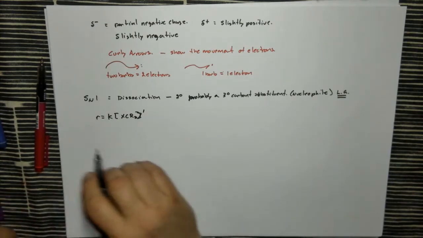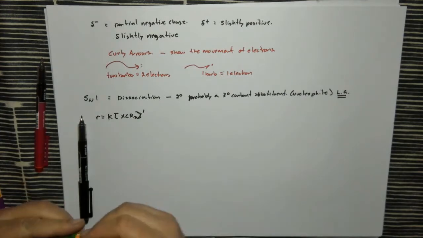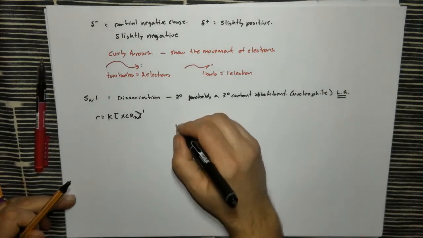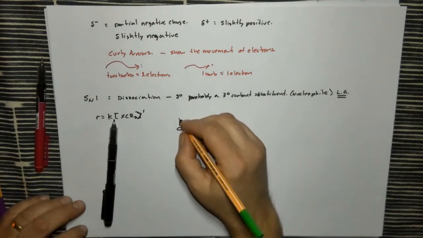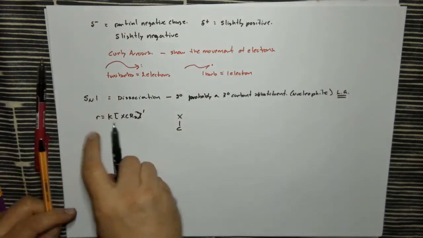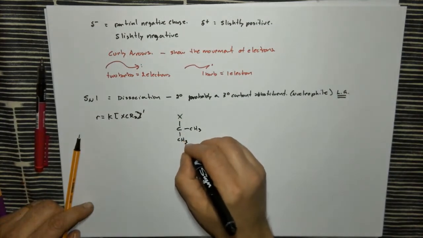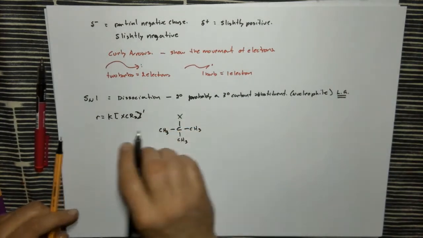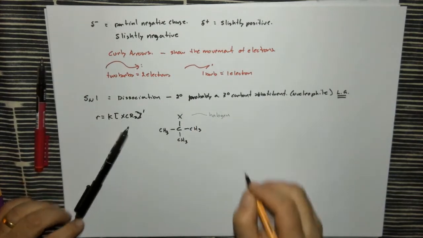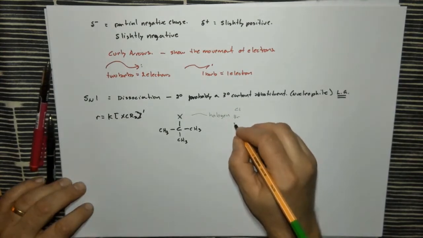So we can draw one really quickly and look at what it might look like. A lot of times we use the leaving group model, and oftentimes we just write an X here. Technically in organic chemistry, the X stands for a halogen, which is chlorine, bromine, or iodine.